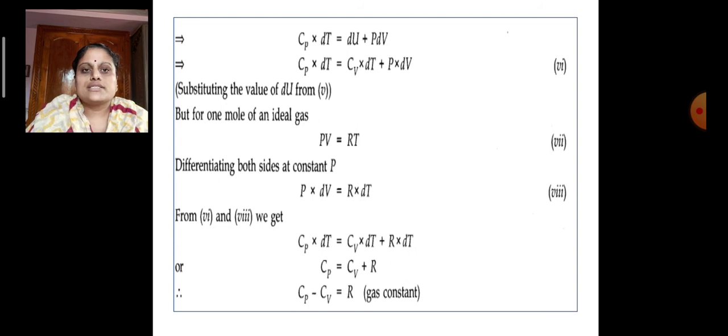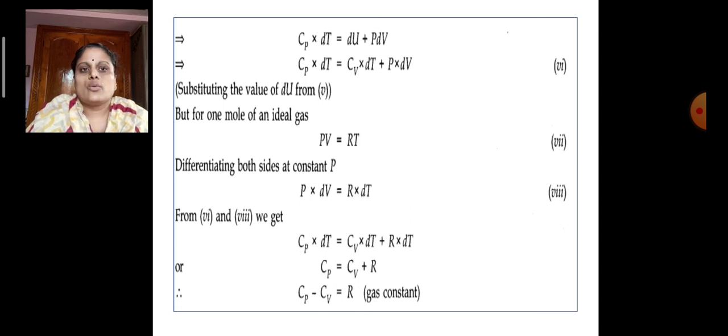We have already discussed that 1 mole of an ideal gas obeys the ideal gas equation PV is equal to RT for 1 mole. Differentiating both sides at constant pressure, we get PdV is equal to RdT. Here R is the universal gas constant.